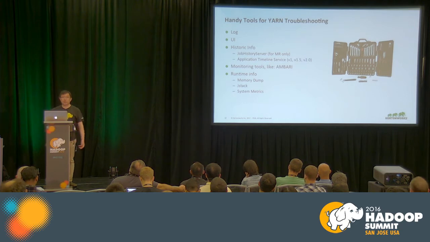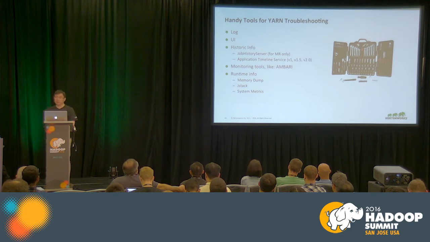With this history info, you can identify useful information. There are also monitoring tools like Ambari, helpful to see how YARN applications and the cluster are going. Sometimes we need runtime info like a memory dump, jstack, or even system metrics.